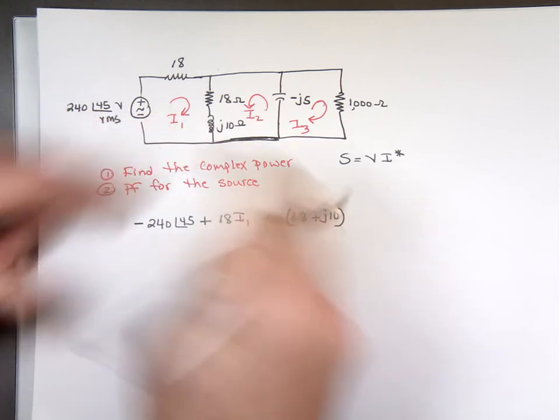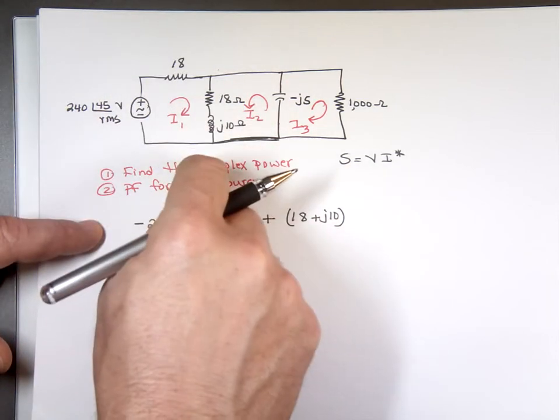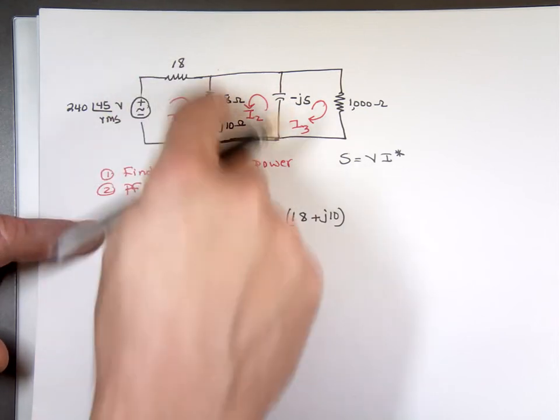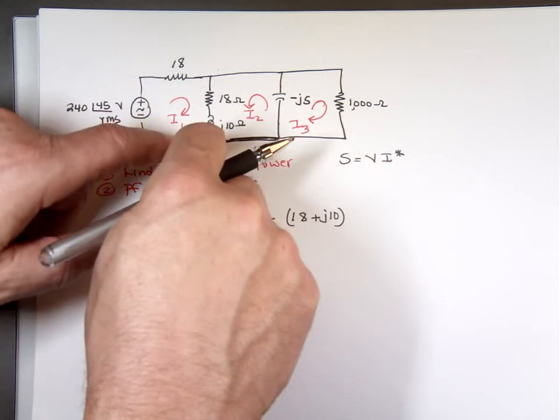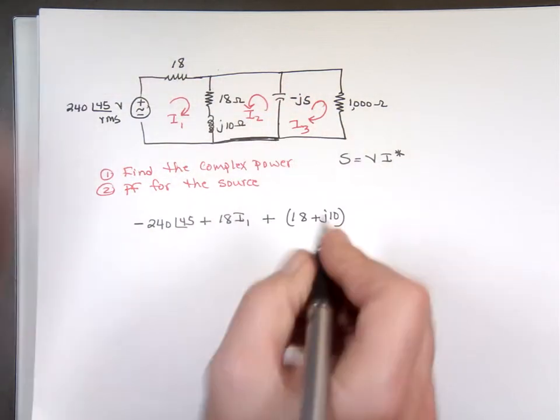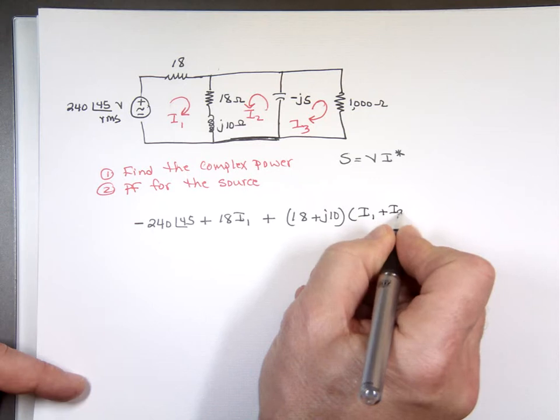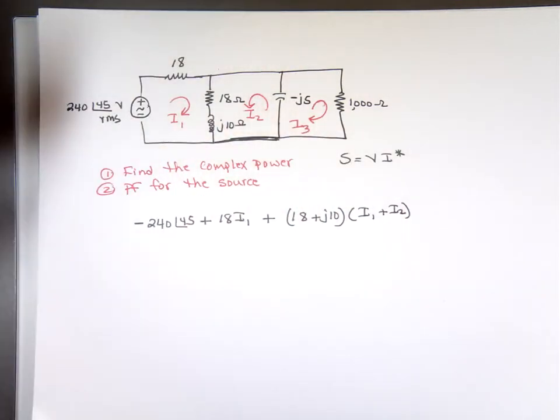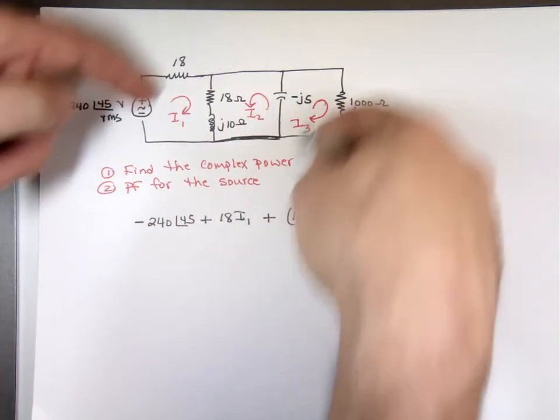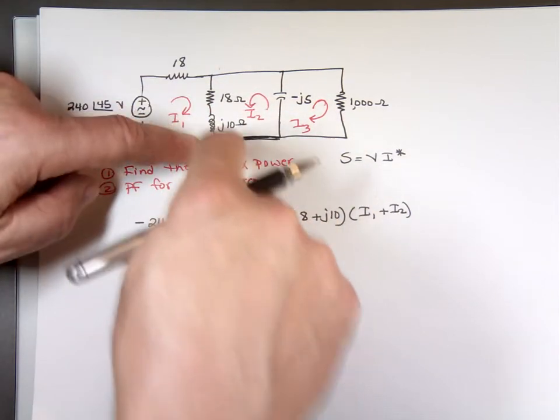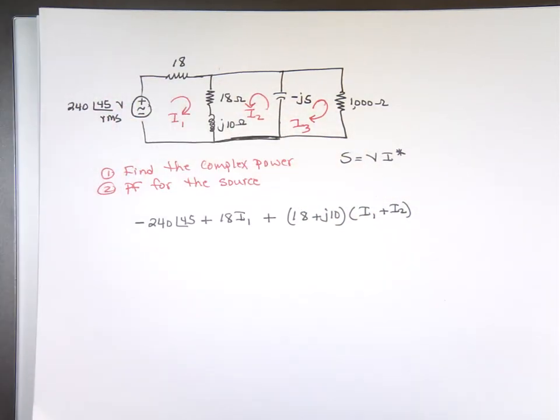And what is the current coming down, going this way? Isn't that I sub 1 plus I sub 2? So by reversing the direction, you can make them addition instead of subtractions. It really doesn't make any difference if you make them pointing in that direction or this direction. You just have to know if they're both in the same direction, you're adding them. But if they're in reverse direction, one is going down, one is going up, you're going to subtract them.